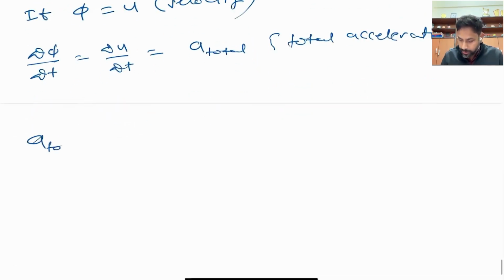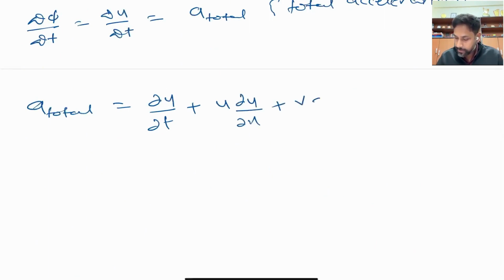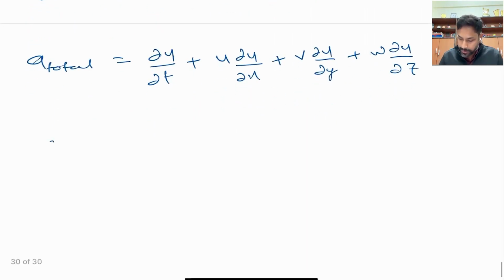And the total acceleration a can be given as du by dt plus u du by dx plus v du by dy plus w du by dz. So basically a total is equal to a with respect to time plus a with respect to x, y, z.